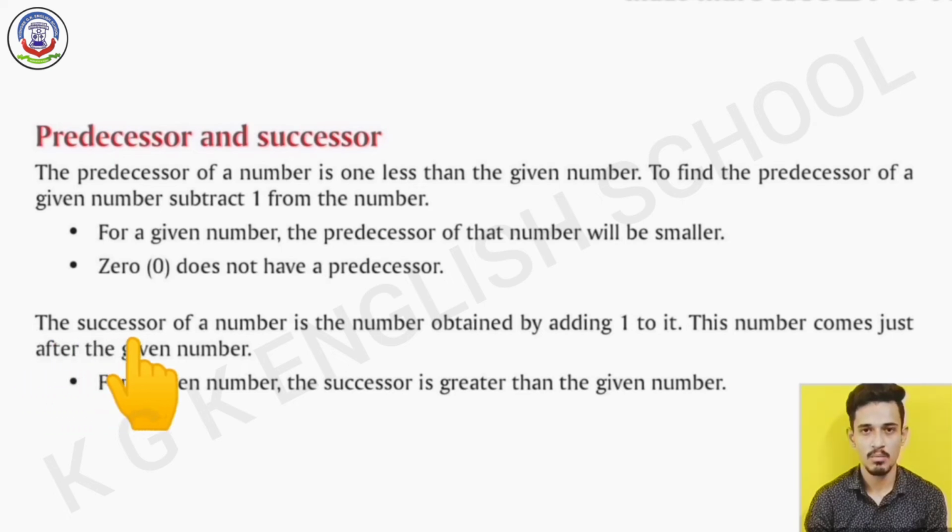The successor of a number is the number obtained by adding 1 to it. This number comes just after the given number.